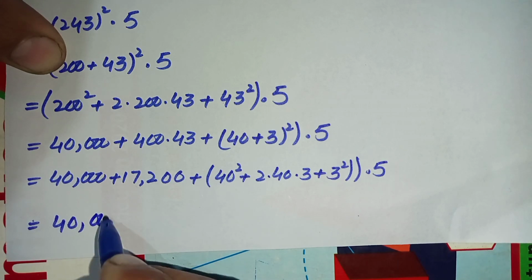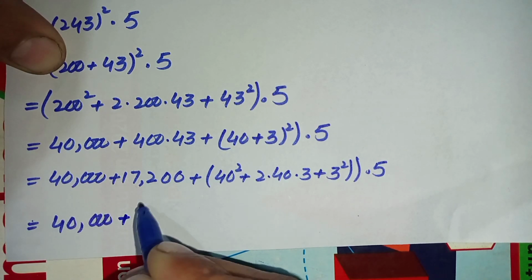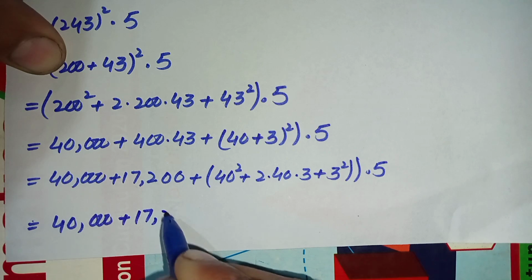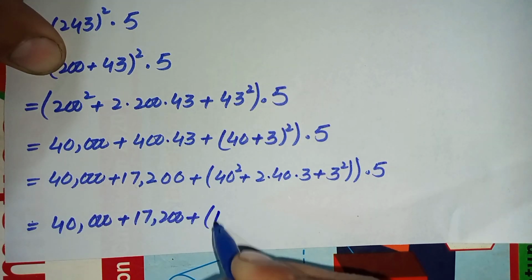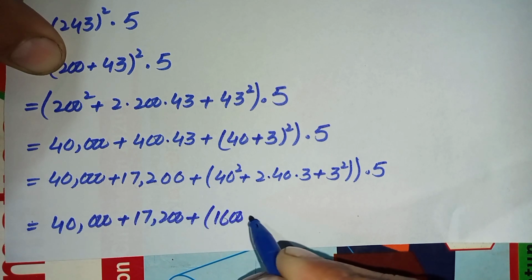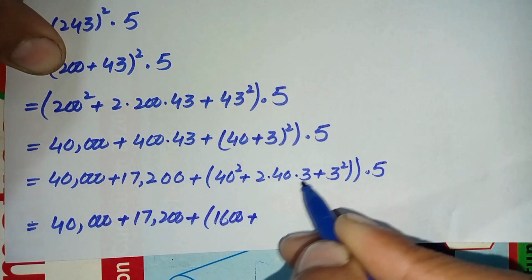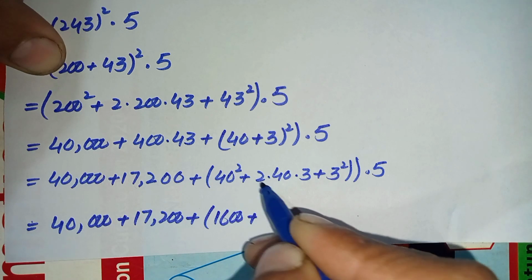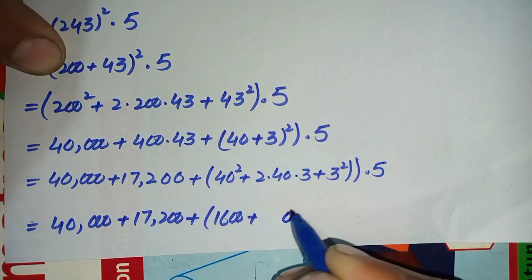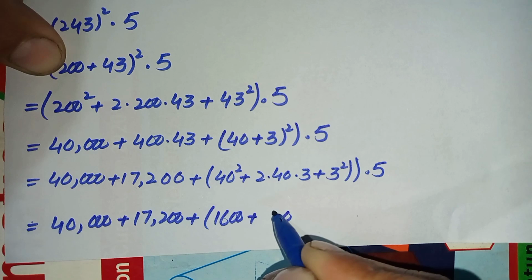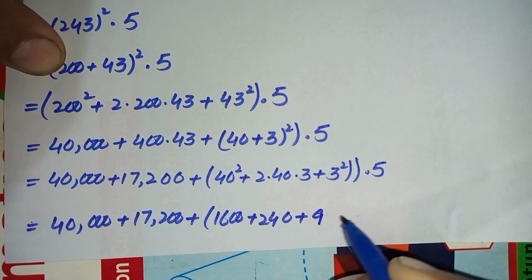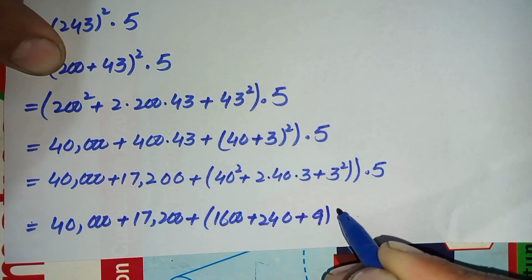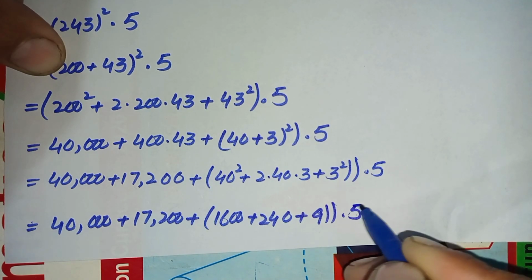So further this equation will become 40,000 plus 17,200 plus it will become 1600 plus 3 times 2 is 6, and 6 times 0 is 0 and 6 times 4 is 24, plus 3 square is equal to 9, times 5.